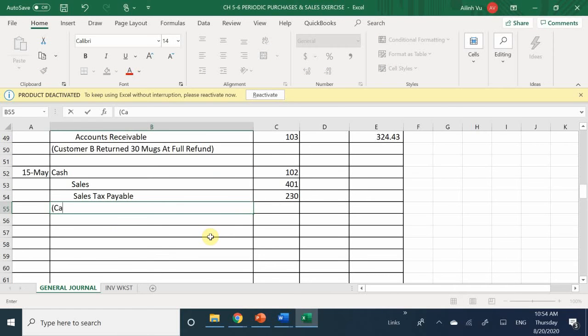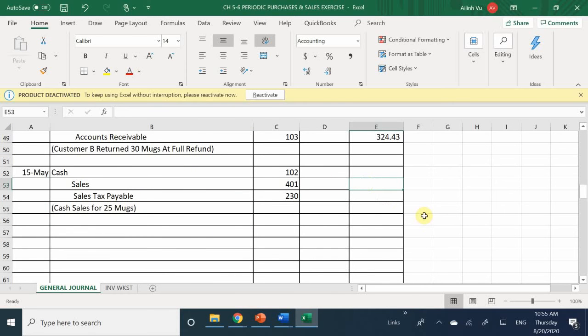And this is cash sales. For how many mugs did we sell? All right. So, what is my total amount of sales here? 25 times $9.99 is $249.75.